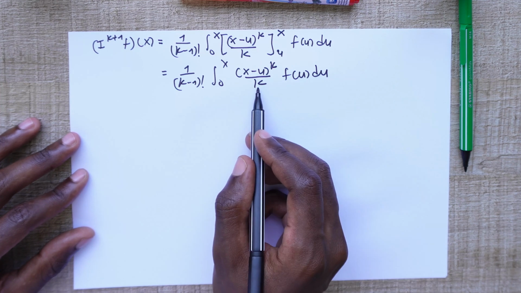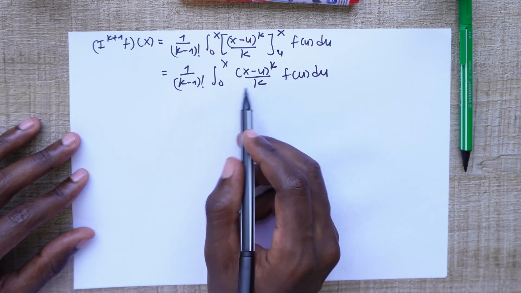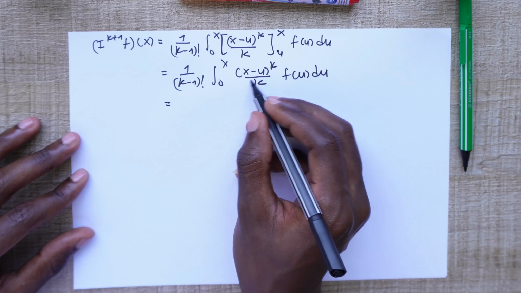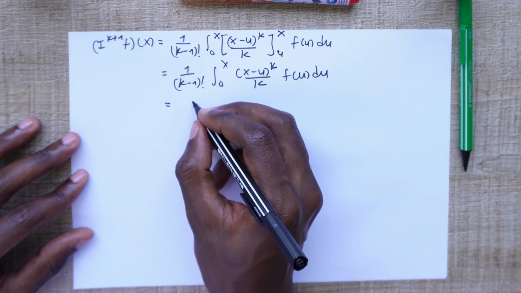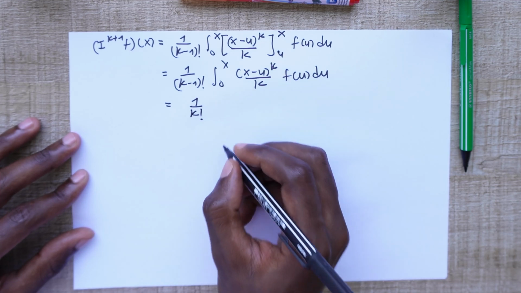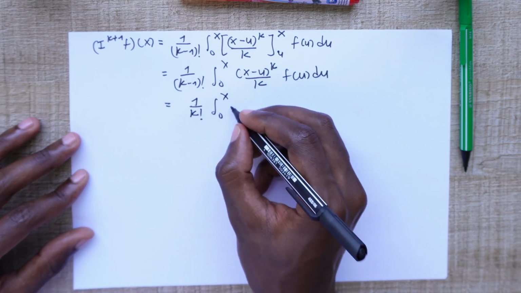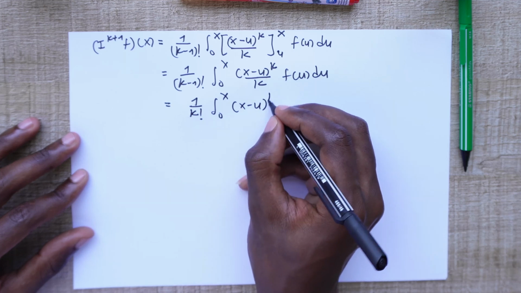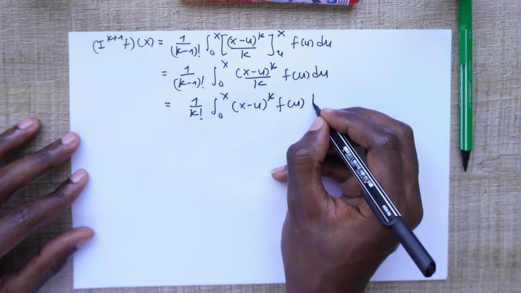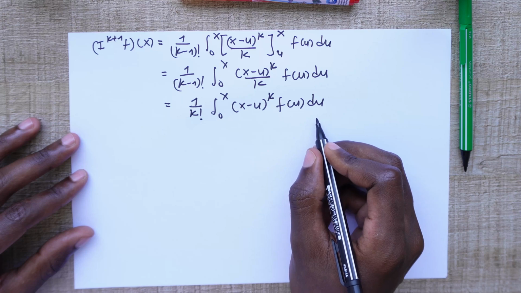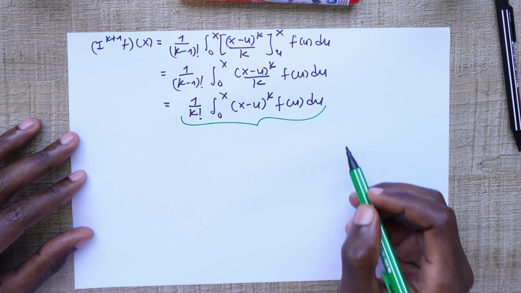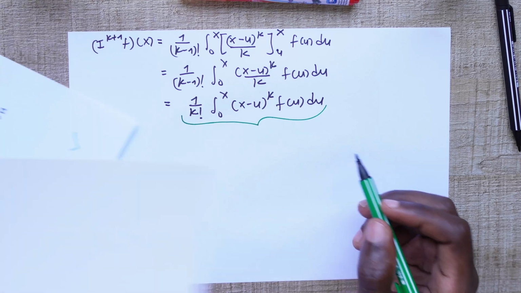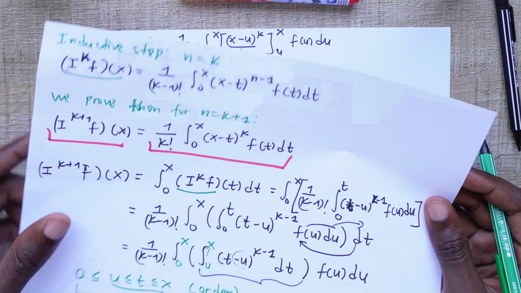So what you see, we can bring out this constant k from the integral. That's going to give us k times k minus 1 factorial, and k times k minus 1 factorial is just k factorial. And here we are going to be left with x minus u to the power k times f of u du. And you can realize that this expression over here is exactly what we wanted to show.